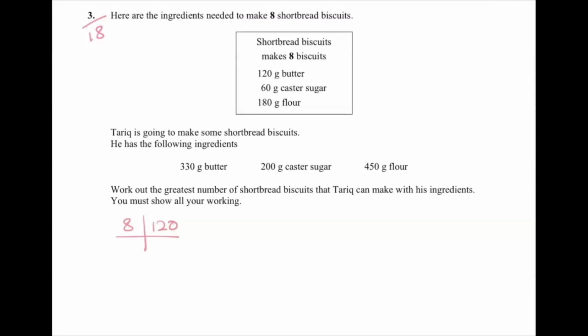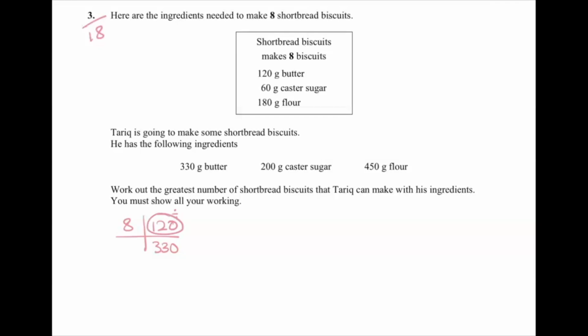The information that I've got for butter is that I have 330 grams, not 120. Okay, so I want this to work for me, being non-calculator. I know that I always divide by the number in the corner here.